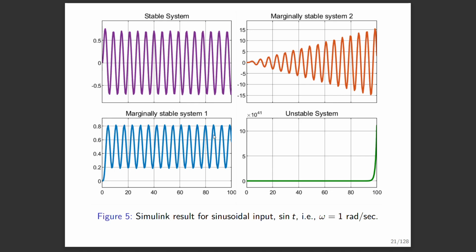So I'm giving a sinusoid with a frequency of 1 to my marginally stable system with s squared plus 1 in the denominator. That is going to produce an unbounded output.